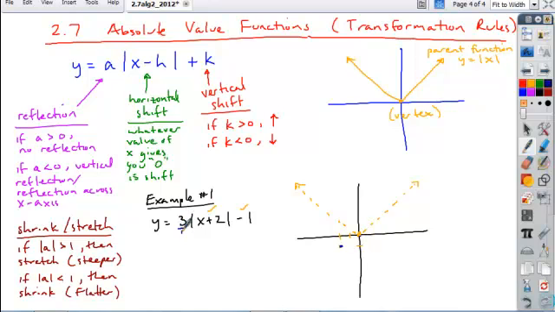So our slope right here is 3 over 1, so we're going to go up 1, 2, 3, over 1, and you go over 1 in each direction. So up 1, 2, 3, over 1 in the other direction, and that gives you the sketch of your graph. And so you can be very precise with these transformation rules when dealing with absolute values.